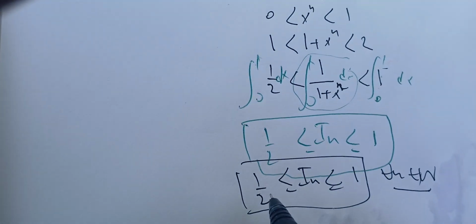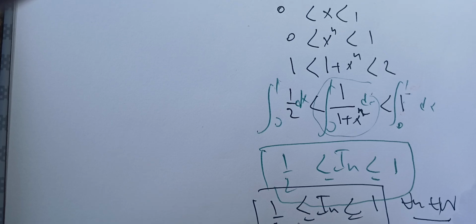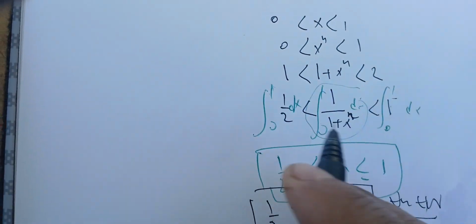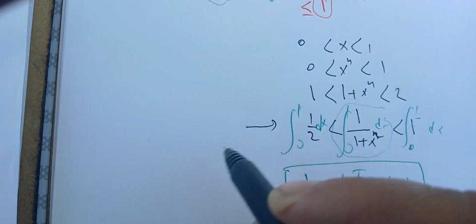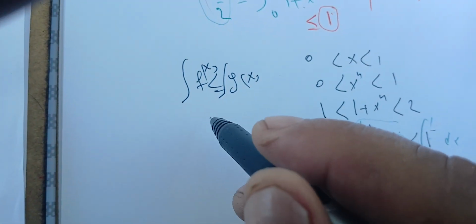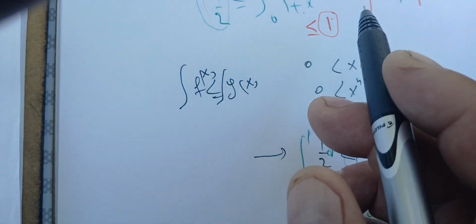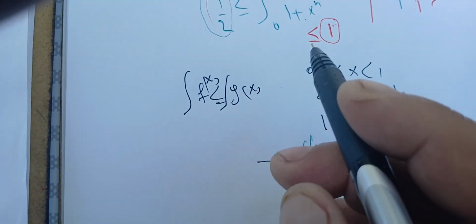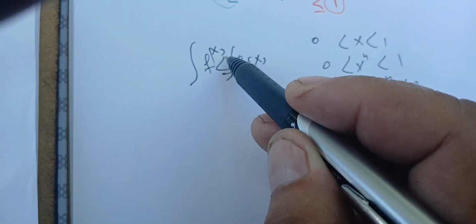This was using geometry, and here we used integration, because if we have a function f of x less than g of x and we integrate, we still have this less than or equal. So the integral doesn't change the order.